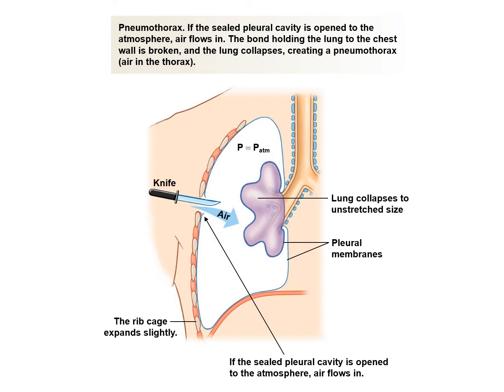If for whatever reason we can no longer sustain a subatmospheric pressure, where either the pressure inside the pleural space is equal to the atmosphere, or in cases where pressure exceeds the atmospheric pressure, we will get a condition collectively known as pneumothorax. This is a condition where you have gas.